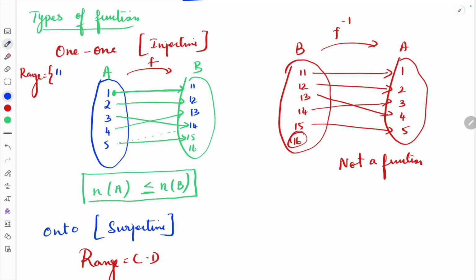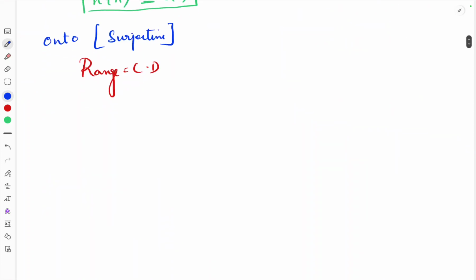So 11 has a pre-image, 12 has a pre-image, 13 has a pre-image, 14 has a pre-image, 15 has a pre-image. But if we ask codomain, codomain is nothing but 11, 12, 13, 14, 15, 16. So here range is not equal to codomain. If range is equal to codomain, then we can say it is surjective, onto.